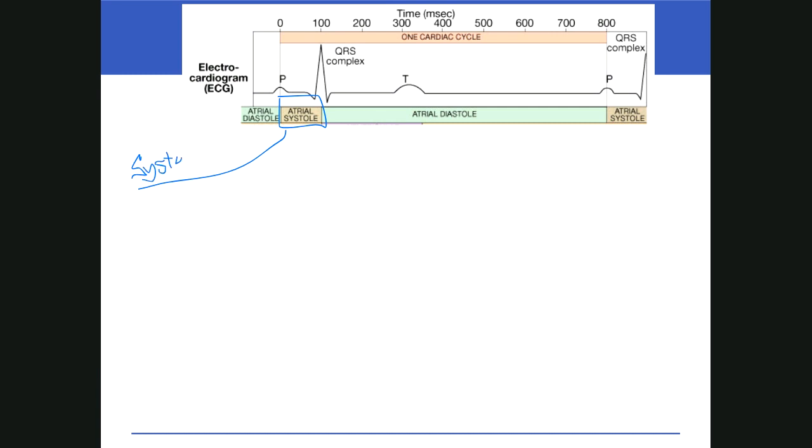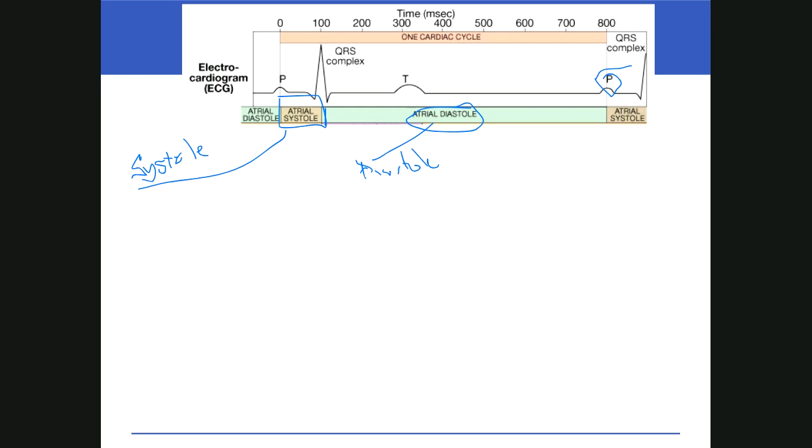And then remember QRS, the atria are going to repolarize. So right there, the atria are going to go into diastole. And they're going to stay in diastole all the way until we get to another P wave. Make sense?